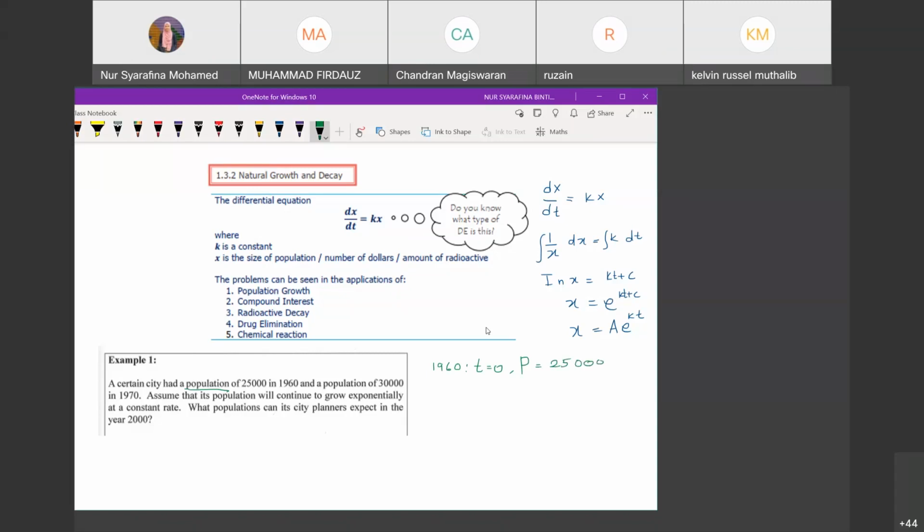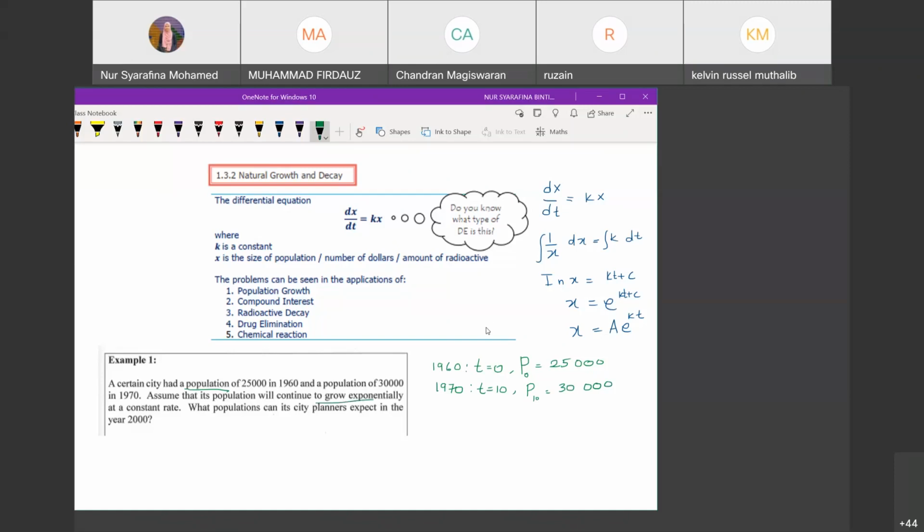The population at time equals 0 is 25,000. And the population is 30,000 in 1970. So in 1970, time has moved 10 years, after 10 years the population becomes 30,000. Assume that its population will continue to grow exponentially at a constant rate.